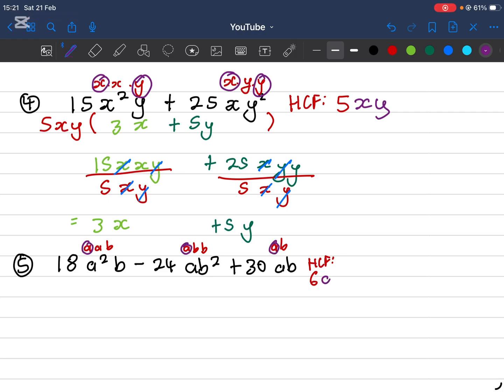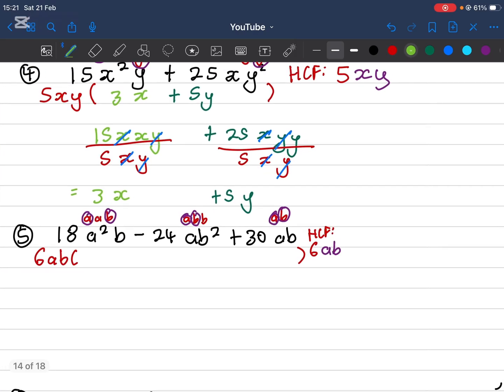So there we go, I'll put an A there. Then, okay, there's a B that's common. Let's take that. Alright, now there's nothing else common. There's a spare A over here, spare B over here, but there's nothing else that's common. So our HCF is going to be 6AB open close.